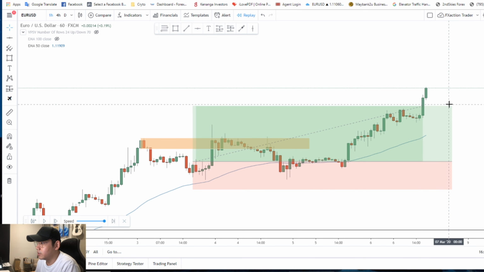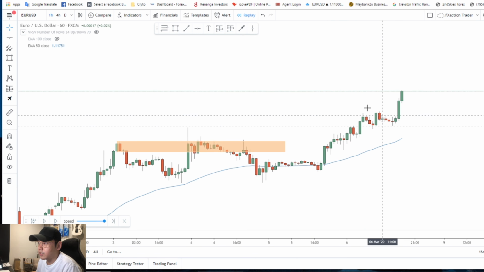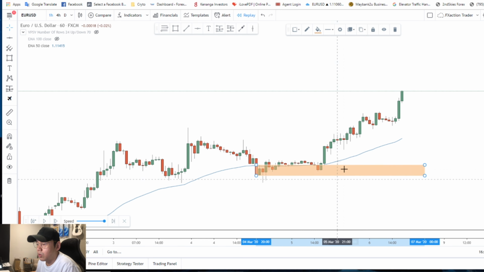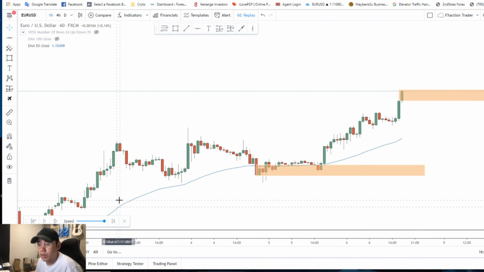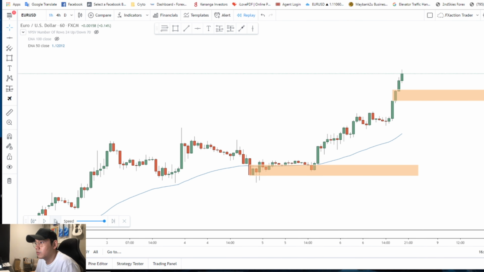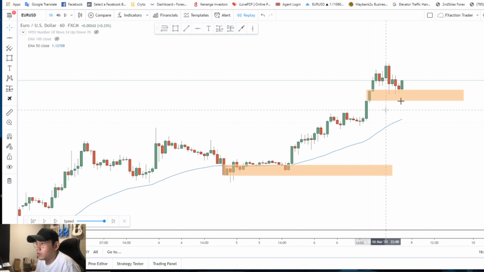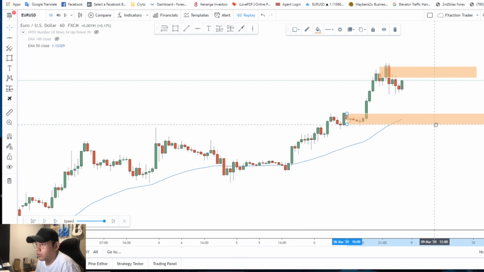So I will delete this, and we know that the market has created a new high, and this point will be a new lower high for us, and the new high is somewhere around here. We let the market continue to move. Alright, so this will be the new high and this will be the new low.